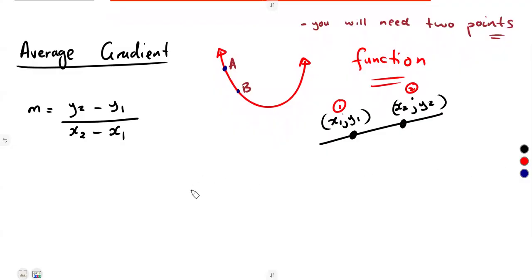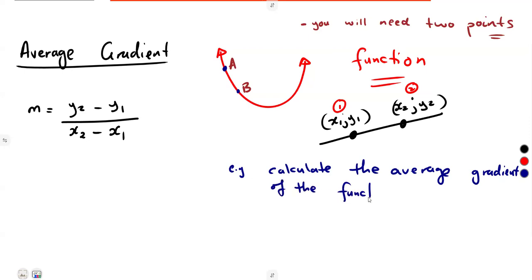All right, let's say we are asked to calculate the average gradient of the function y is equal to 5x squared minus 4, between x is equal to -4 and x is equal to -1. These are the values of x.